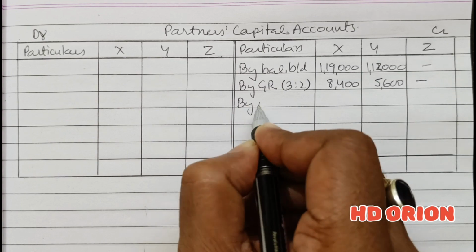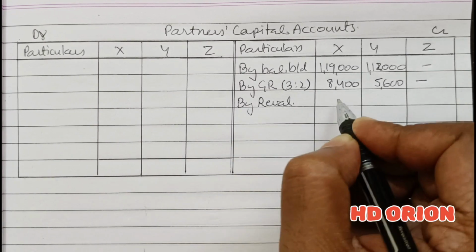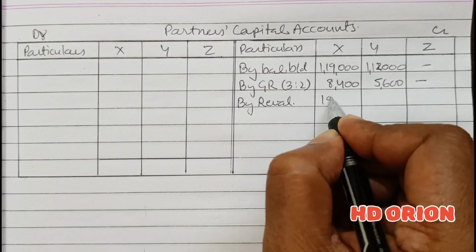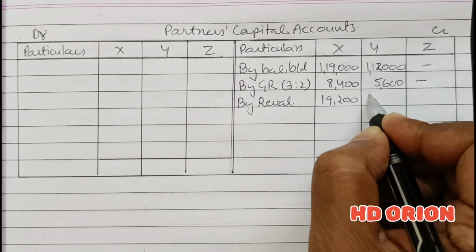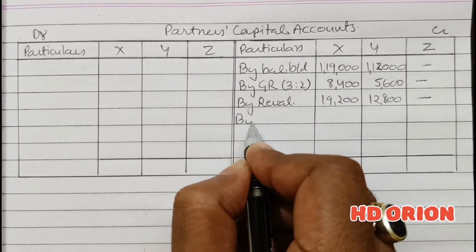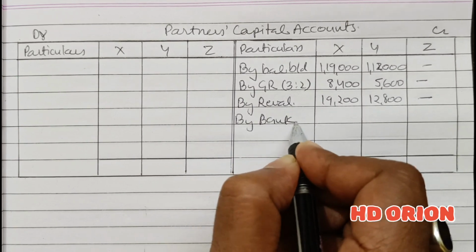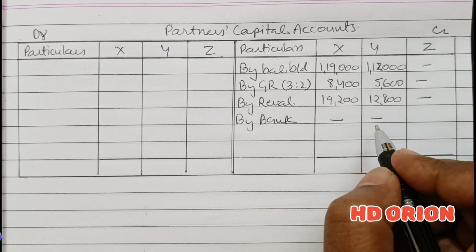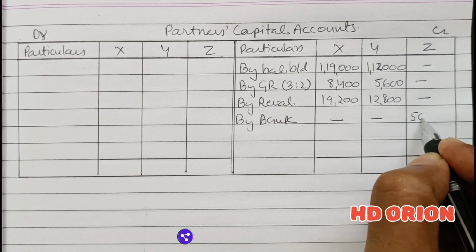Then revaluation account profit 19,200 and 12,800. Then partner Z is to be admitted. So Z brought his capital of rupees, how much? 56,000.